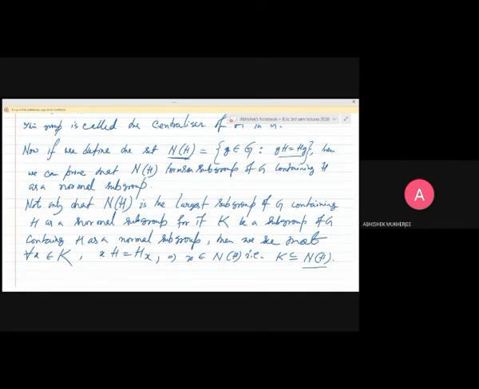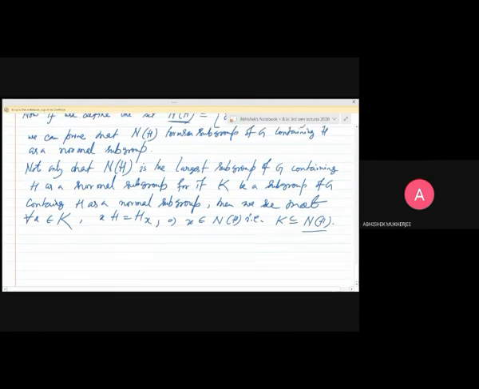Okay? This N(H) is called the normalizer of H in G. Okay?